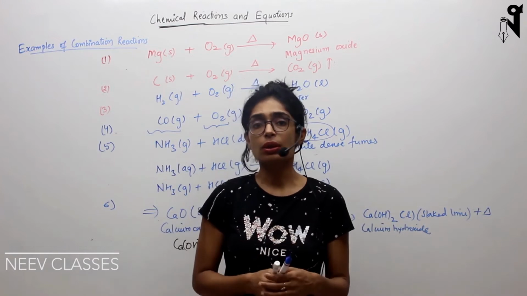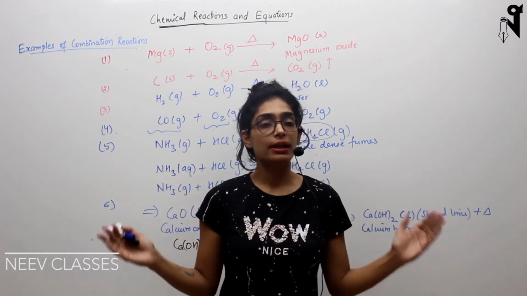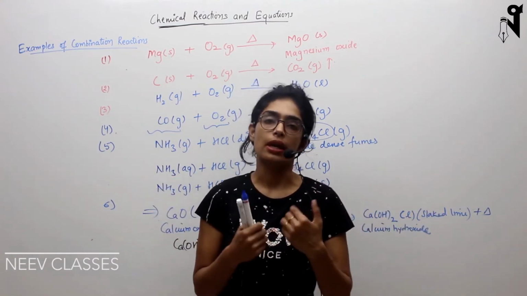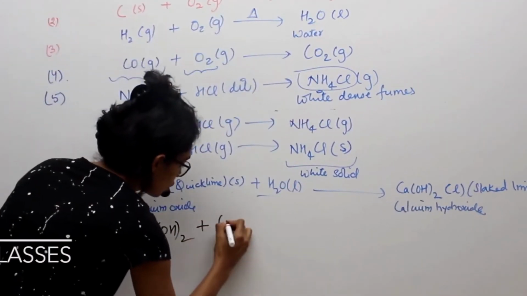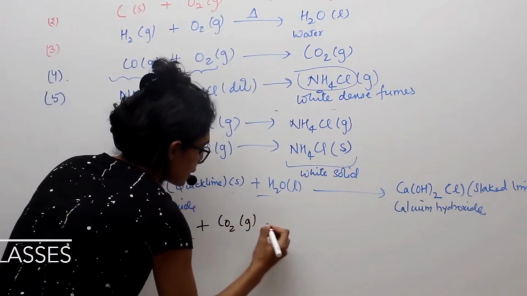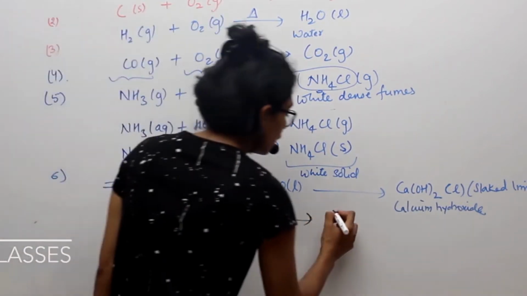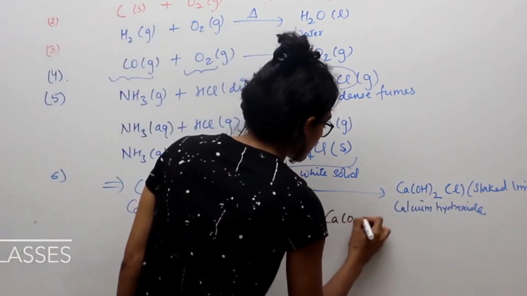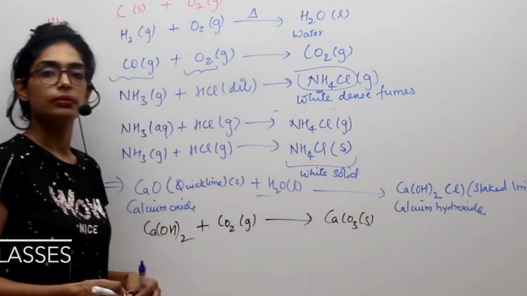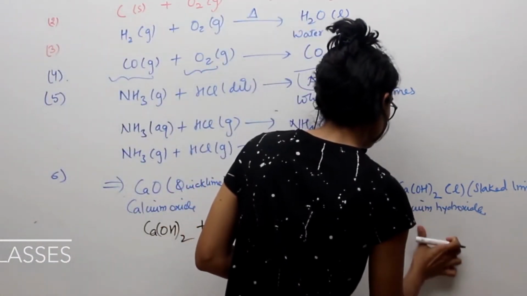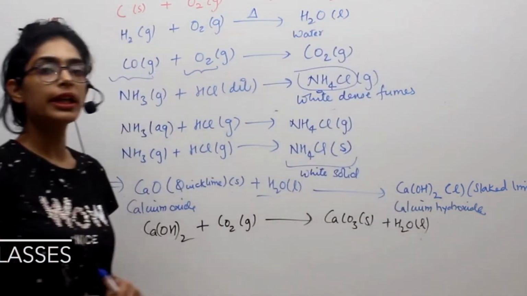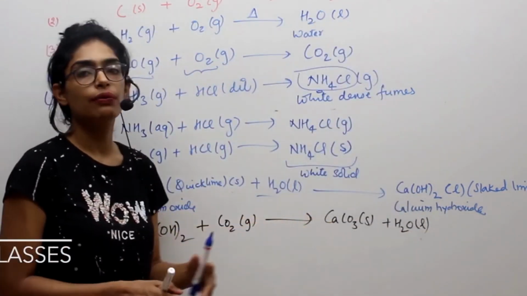Whatever carbon dioxide is in the surroundings, it will absorb, and CO2 gas will react and form calcium carbonate, plus water will get released. So water will get released and calcium carbonate will form.